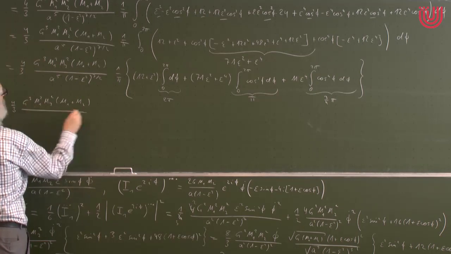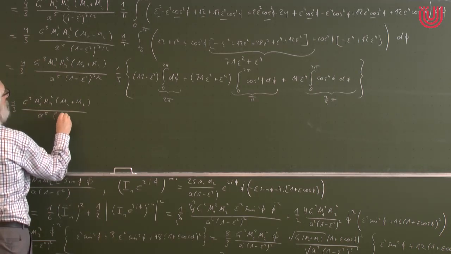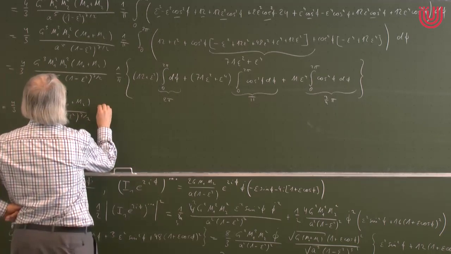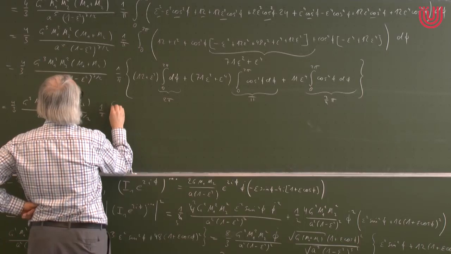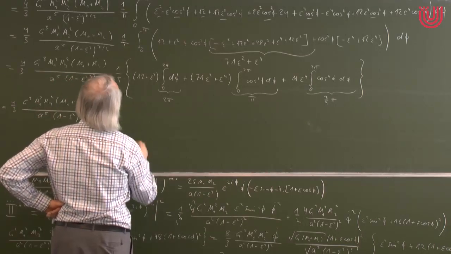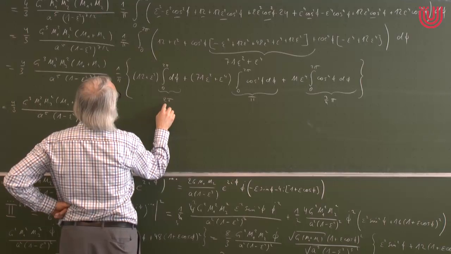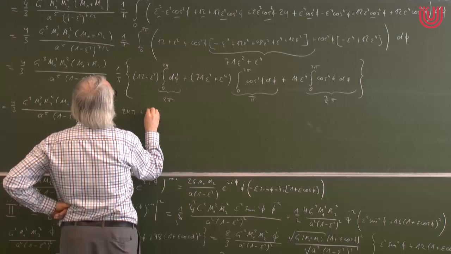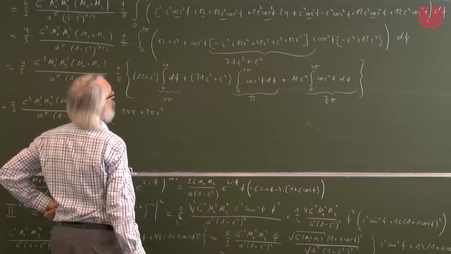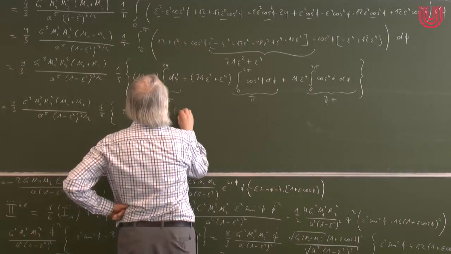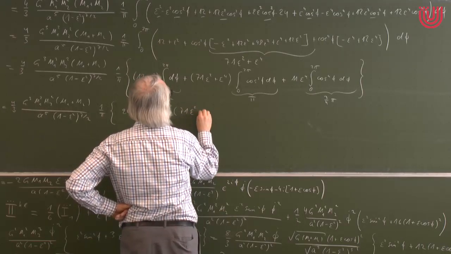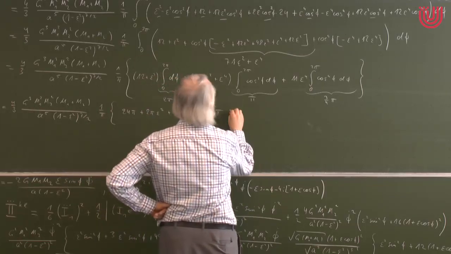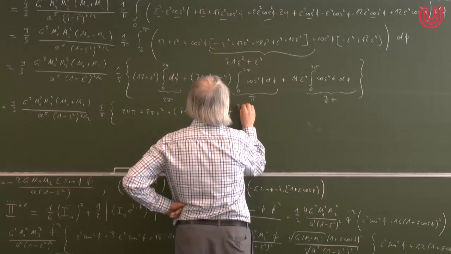M1 plus M2 divided by a to the 5, 1 minus epsilon squared, 7/2. Okay, let me write this out. 1 pi. Yes, 24 pi plus 2 pi epsilon squared. Then 71 epsilon squared is epsilon to the 4 times pi, plus that's 33 over 4, right?